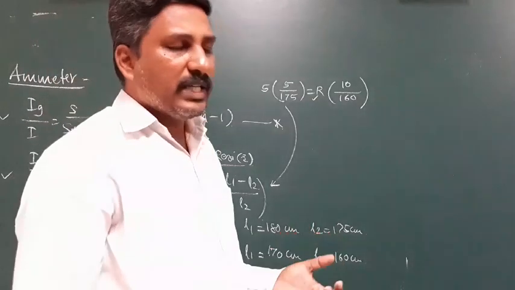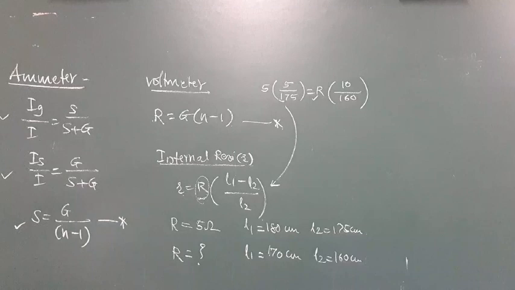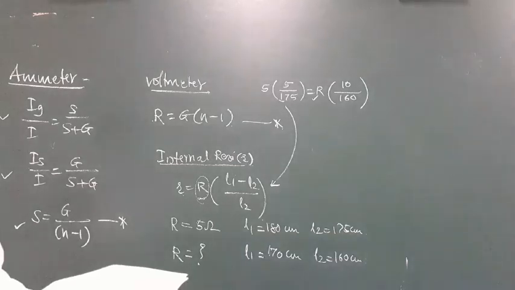Meter bridge is very simple. Let's take one example related to the meter bridge, which is not difficult. No one should feel the meter bridge examples are difficult, because they are very easy.